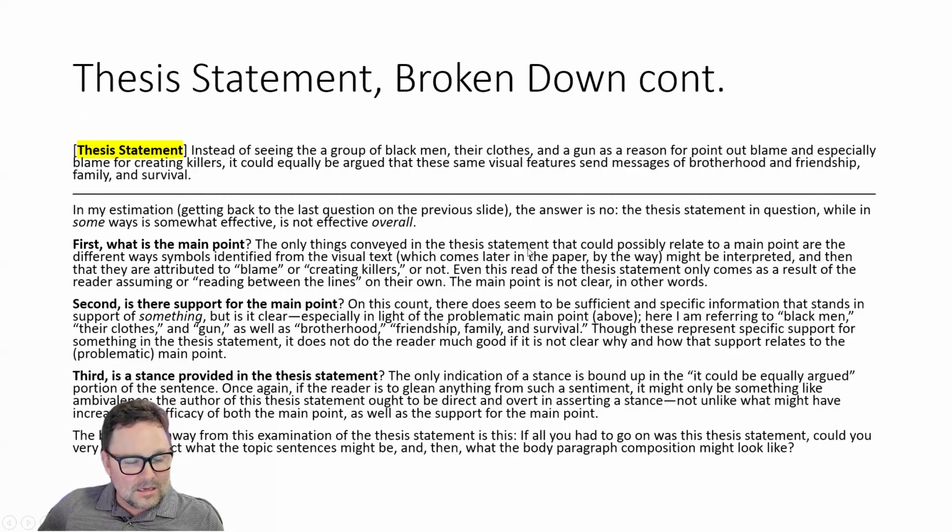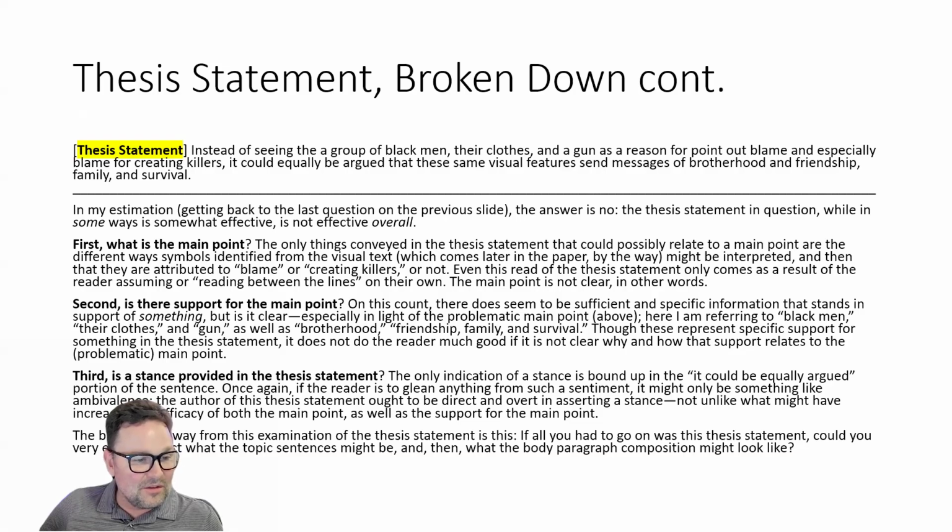I think the only thing in this thesis statement in our example third paper that could be a main point... actually, I don't know. Every time I do this, I'm reading into it. As it's written, there really isn't one.